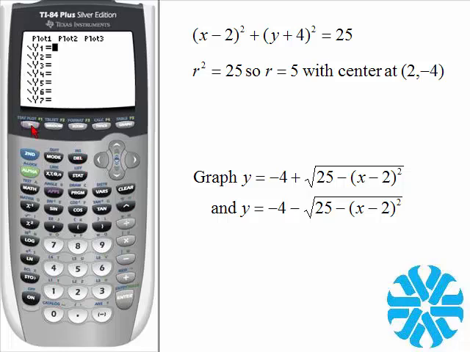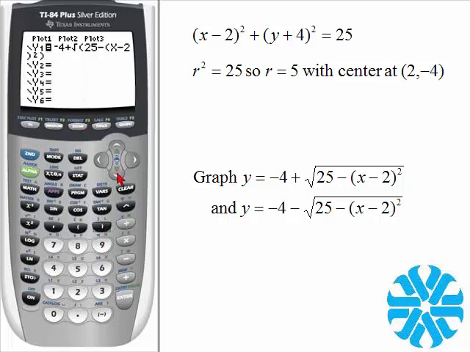So we hit y equals, and now we input negative 4 plus the square root of 25 subtract the quantity x minus 2 squared, and then we're going to close the radicand.